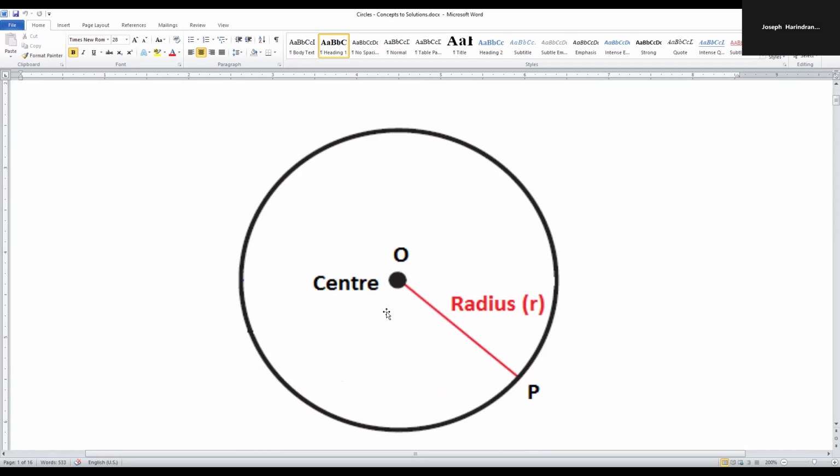The center is usually denoted by the capital letter O, and the radius by the small letter r. OP, where P is any point on the circumference of the circle. This part is called the circumference, as we will see later in the parts of the circle.